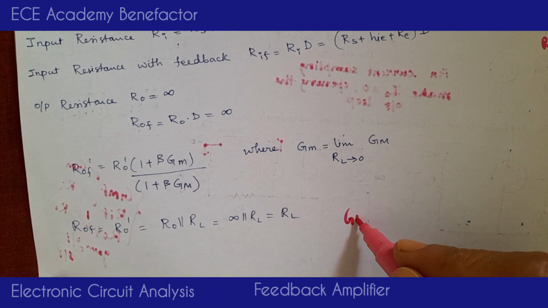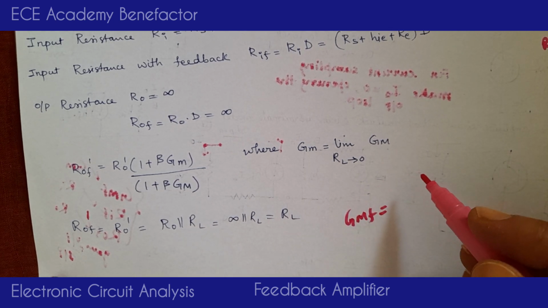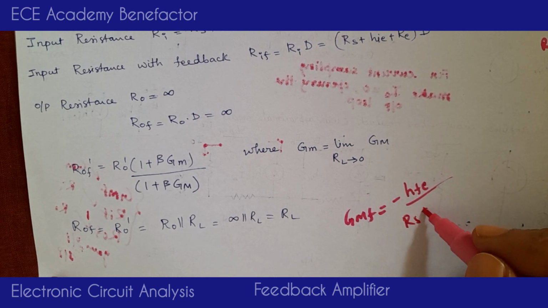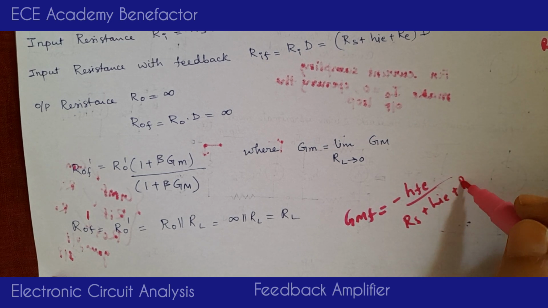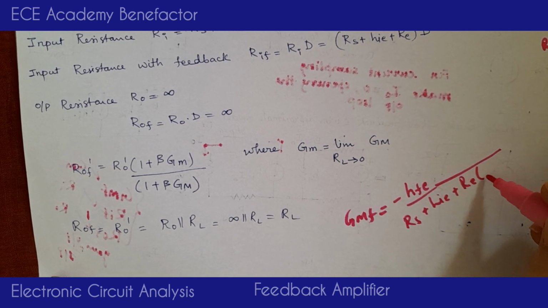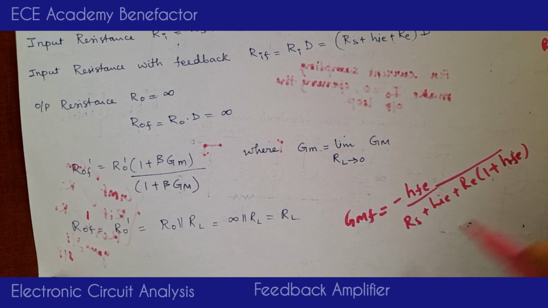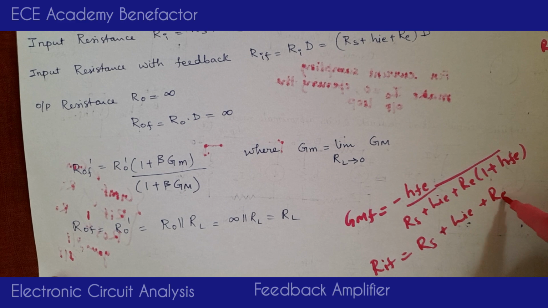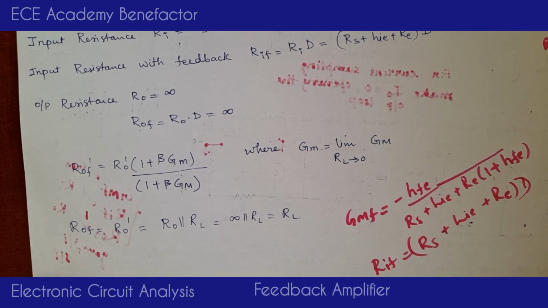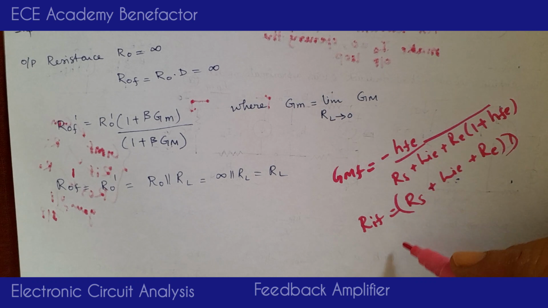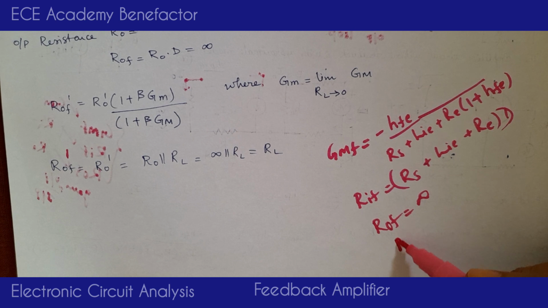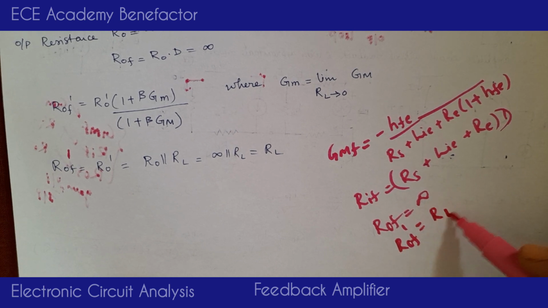The main equations which we obtained are: GMF is coming to be as minus HFE by RS plus HIE plus RE times of 1 plus HFE, and RIF is coming to be as RS plus HIE plus RE times of D, and ROF is infinity, and ROF dash is coming to be as RL.